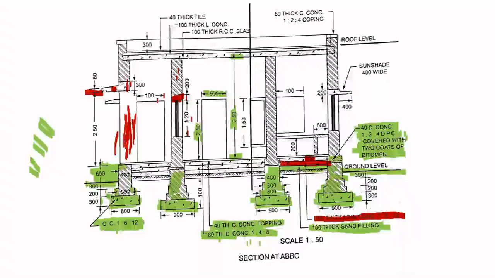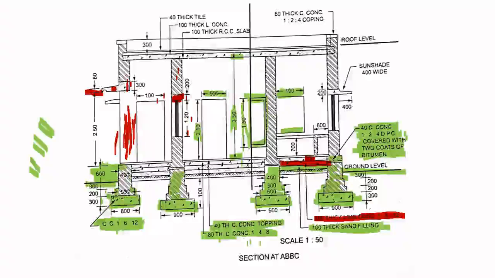This is shown in the plan inside the circle as 3.5 meter. Now here is a window, so the height of the window is 1.5 meter and the width for this window is 1 meter.